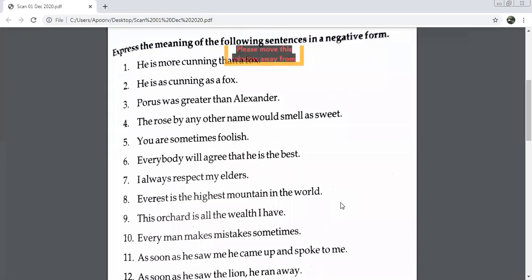Let's see how many more. Okay, Devansh, Soni, Ritul, and Soumya. Good.